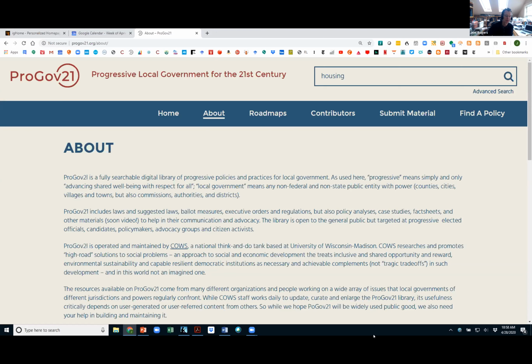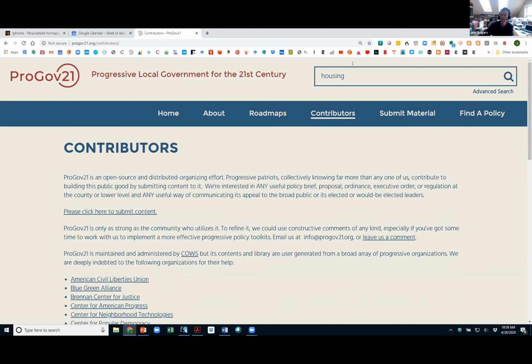It's run by my center at Cows. And notice this thing at the bottom. It comes from many different organizations. We built this thing on the shoulders of fellow pygmies, and there are a lot of people contributing, including maybe some people on this very call.